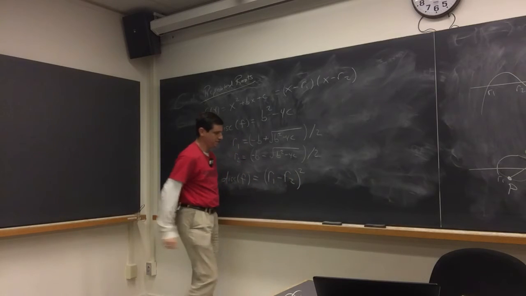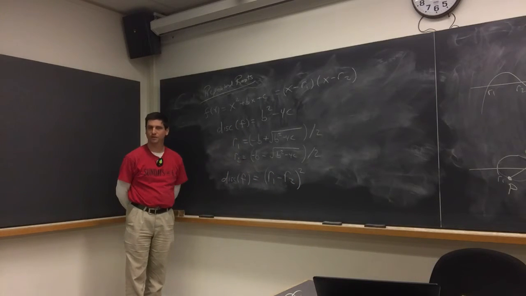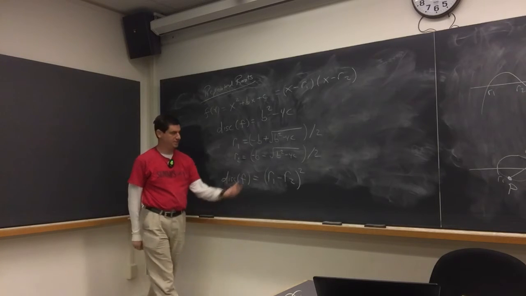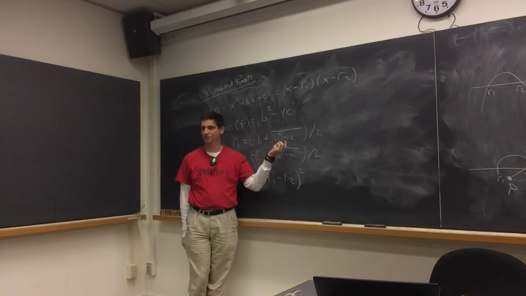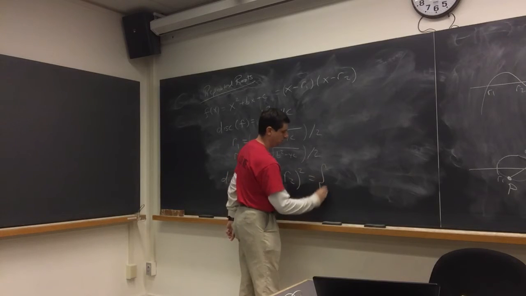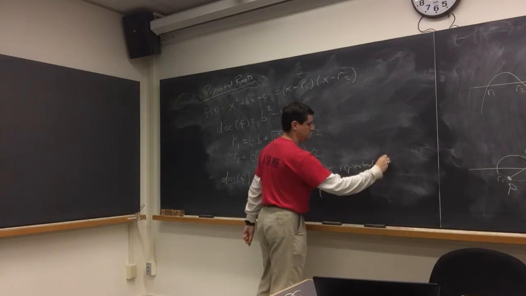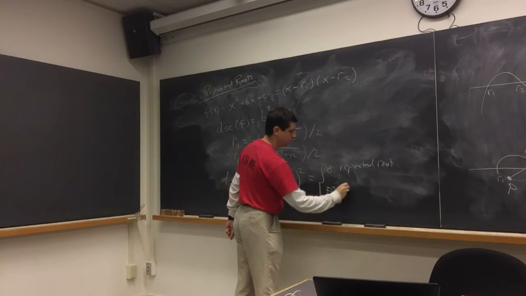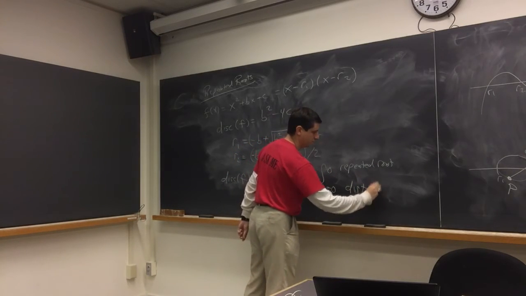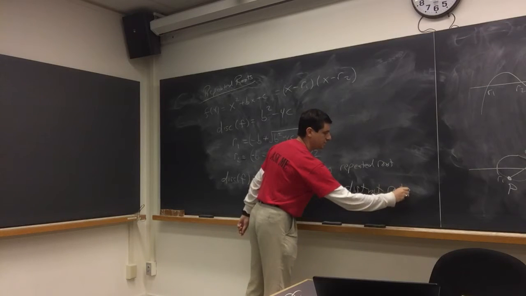So if I look at the square of the difference of the roots, if that's 0, then I have a repeated root. Not 0, distinct roots.